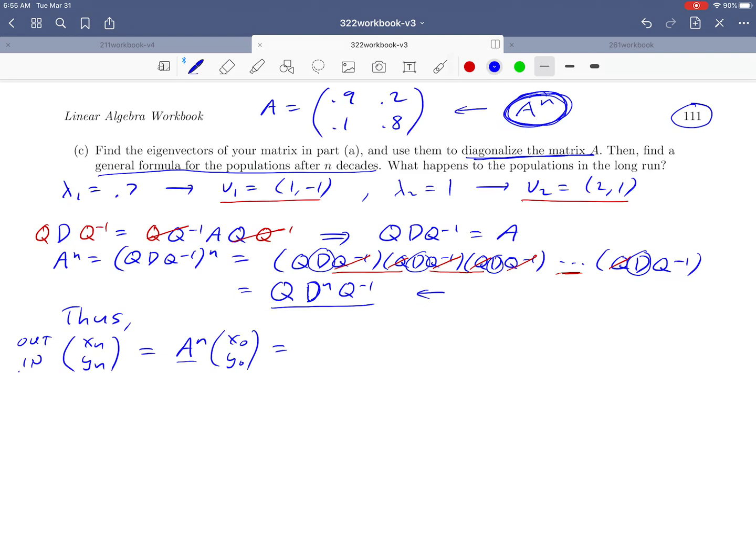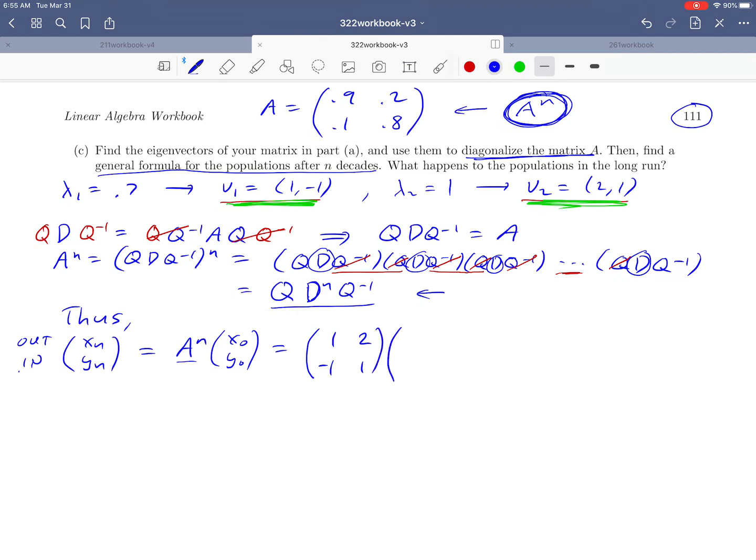Okay, so now we have to think about what are these matrices Q and D? Well, again, Q is a matrix that just has our eigenvectors as its columns. And to remind you, the eigenvectors are sitting up here. So Q is going to look like 1, -1. That's our first eigenvector. 2, 1 is our second one.